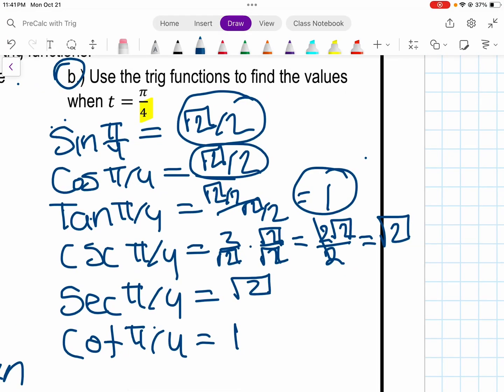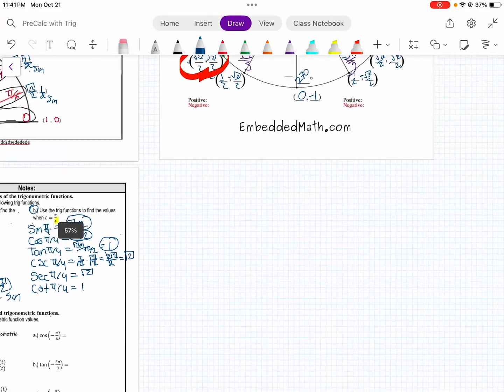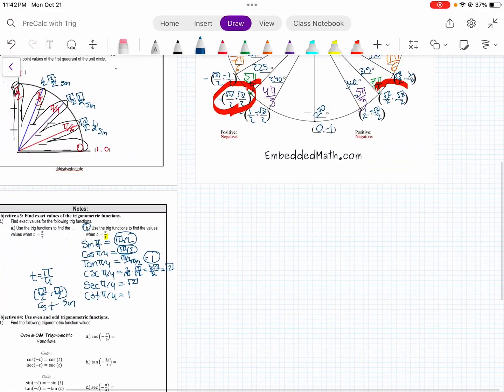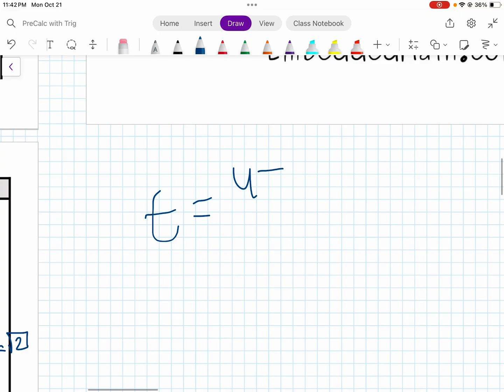Now I'm going to do an extra one just to make sure that you understand how to use the unit circle. So let's say I want to find all of the angles when t is equal to 4 pi over 3.